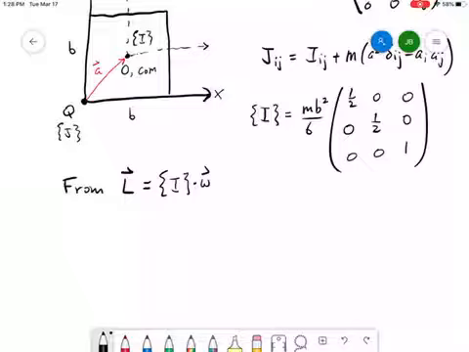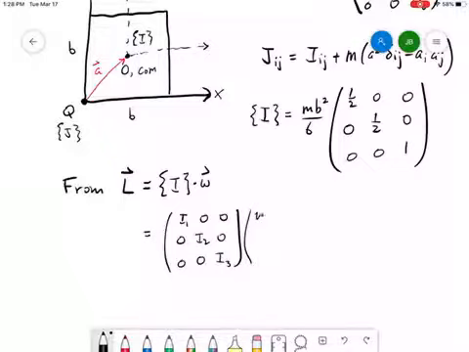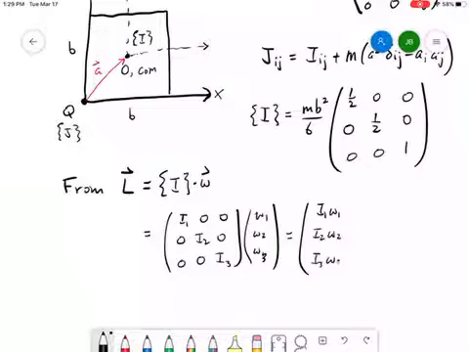Okay, so this was how you would calculate angular momentum, and if we had a diagonal inertia tensor, in general, we would just have these diagonal elements I1, I2, and I3, and then omega would have its three components, omega 1, omega 2, omega 3, and if you did that multiplication, the result is fairly simple. You just get I1 omega 1, I2 omega 2, and I3 omega 3 for the three components of the angular momentum vector.